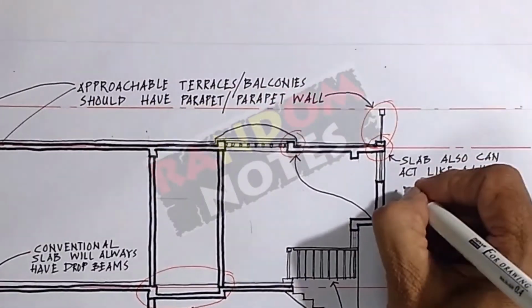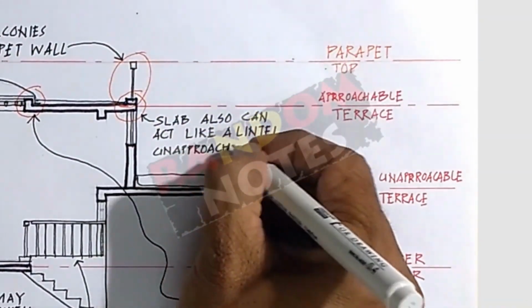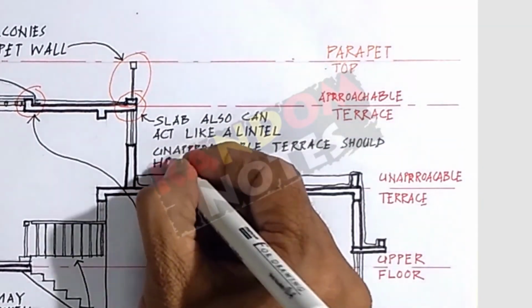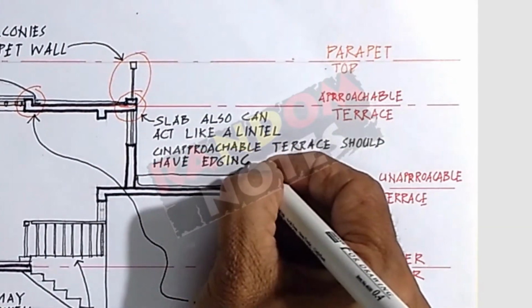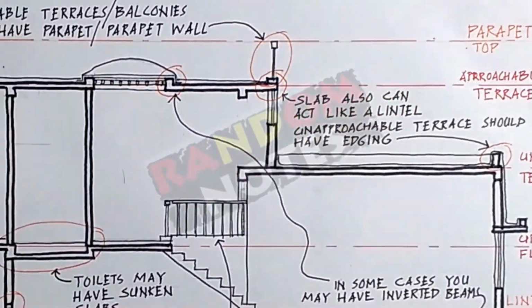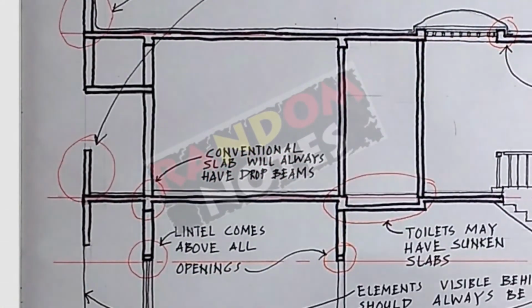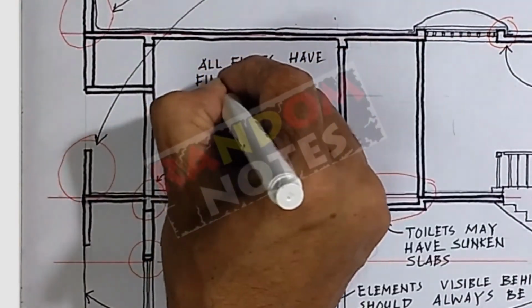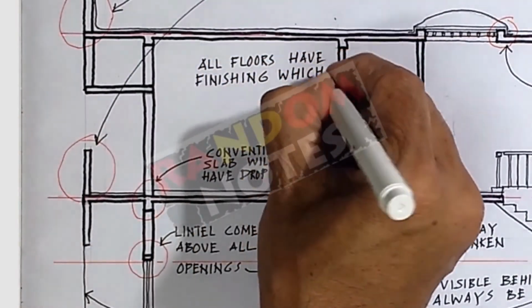Unapproachable terraces should have one course or two course brick edging. It helps to channelize the drainage of water and also gives a proper width to the edge of the slab. The finishing on all floors may either be flat or sloping depending on the location and the use.